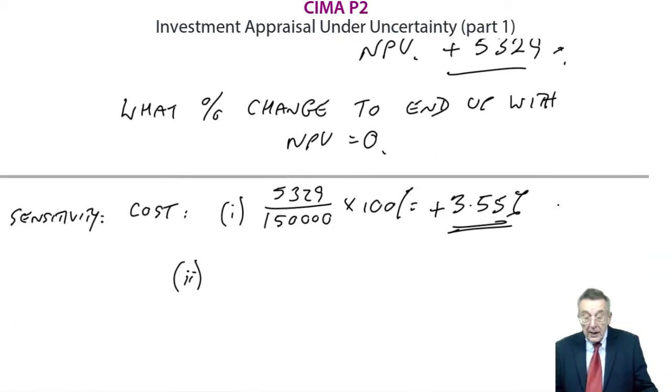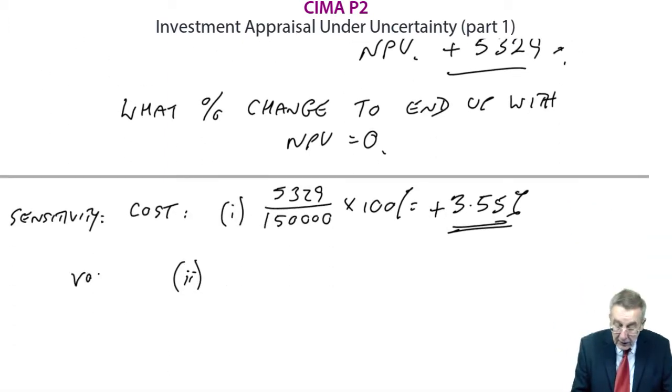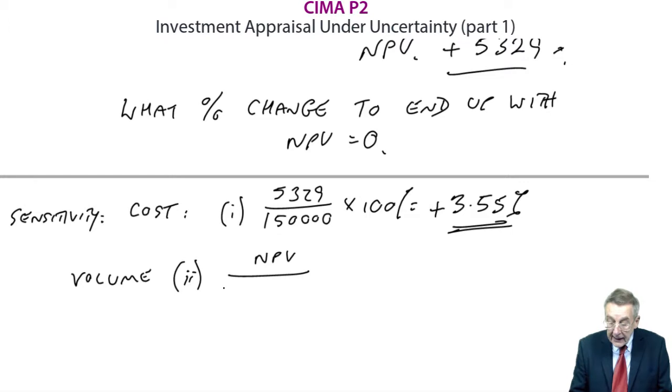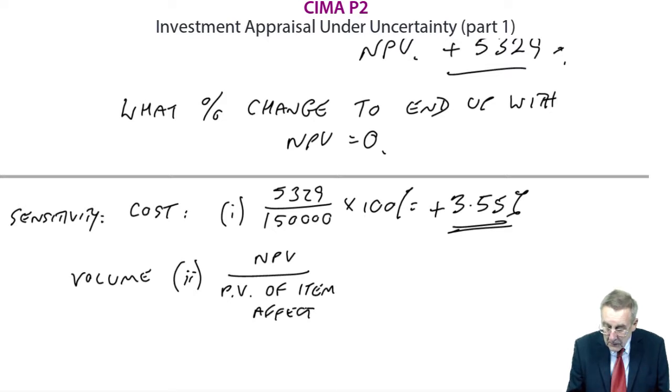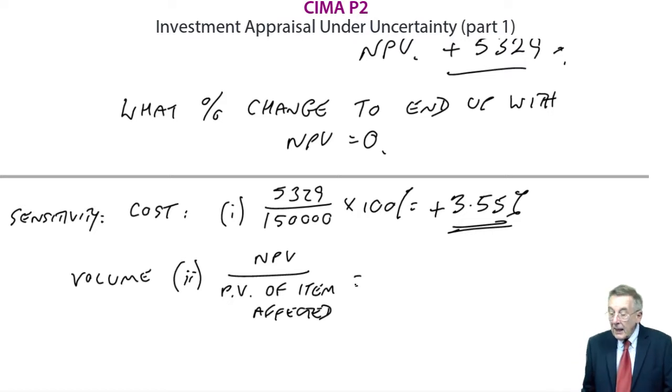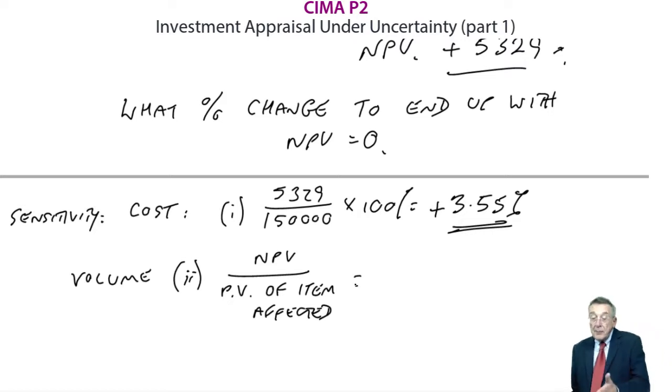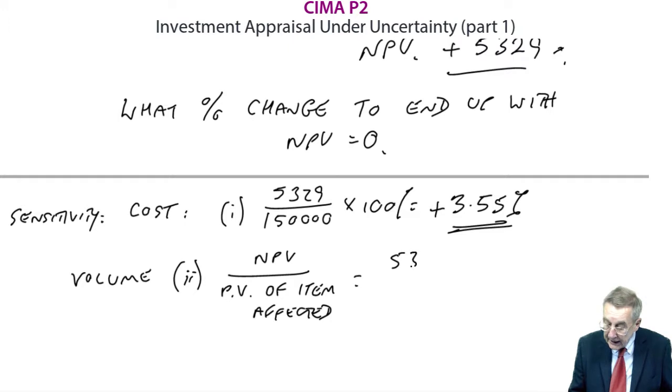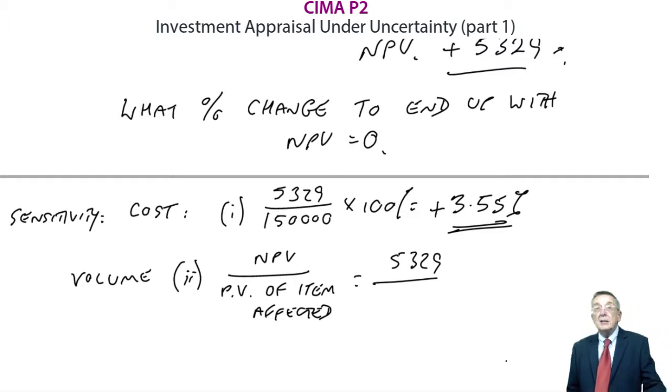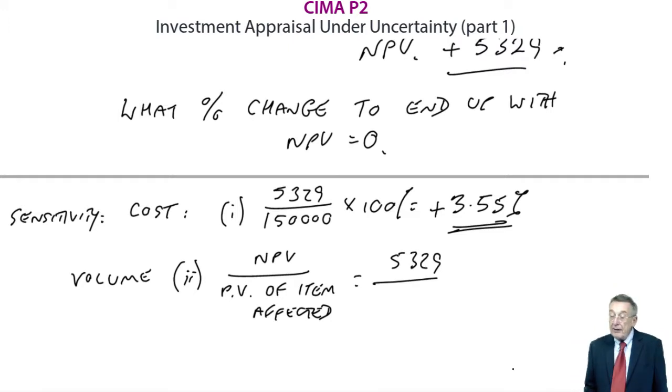And so the sensitivity of the volume: we take the NPV, we divide by the present value of the item affected, as a percent. So NPV 5329, we can afford it to fall by up to 5329.